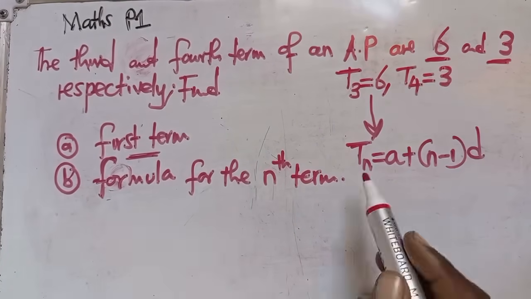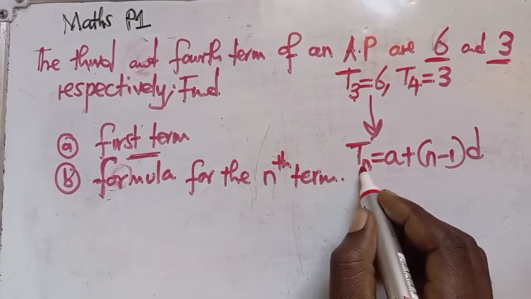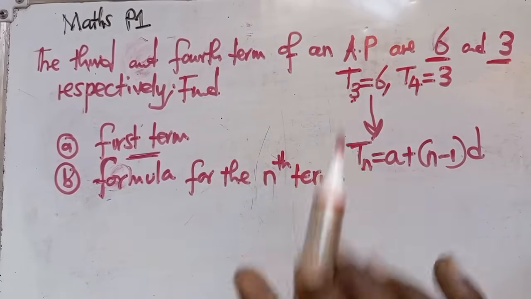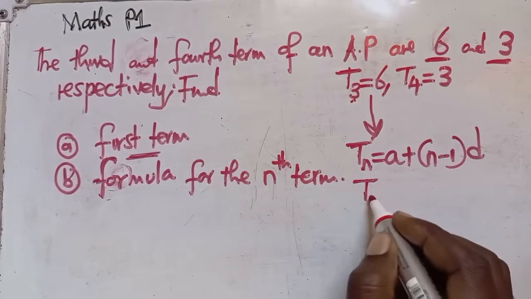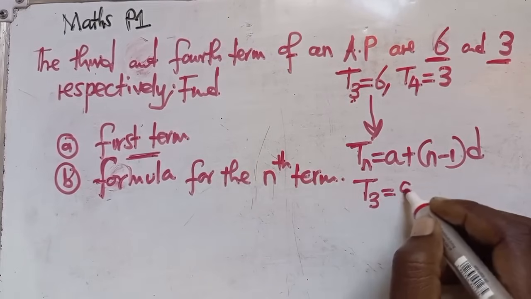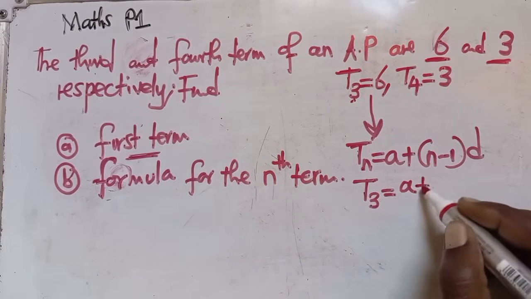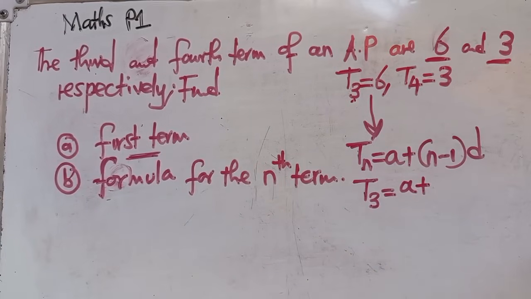I substitute: for T3, where there is n, we put 3. So T3 is equal to the first term, which we don't know, plus, we know that n is 3.